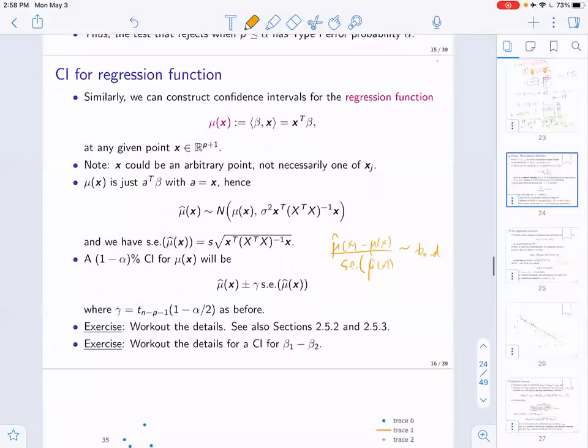So for example, you can build confidence intervals for this, or you could build confidence intervals for the mean of a new observation. These are all the same mathematically. So I give you all the covariates for a new observation, and ask you to compute a confidence interval for the regression function evaluated at that point, and this gives you all the tools that you need.